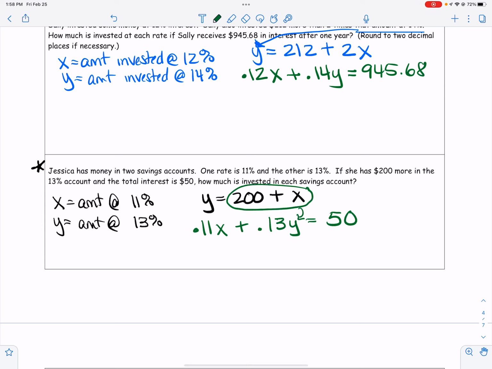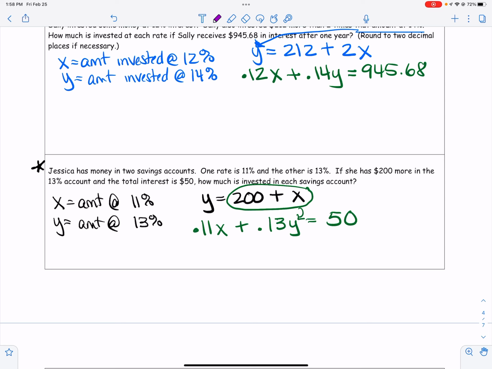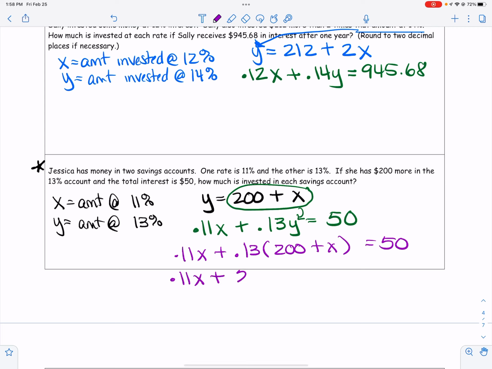Anywhere I see y in the second equation, I'm going to replace it with 200 plus x. So now we get 0.11x plus 0.13 times (200 plus x) is equal to 50. So 0.11x plus 26 plus 0.13x is equal to 50.